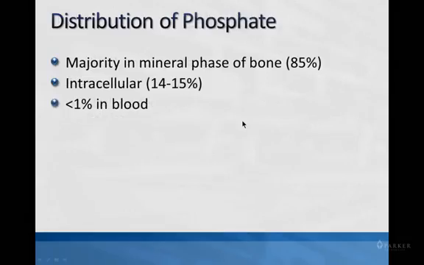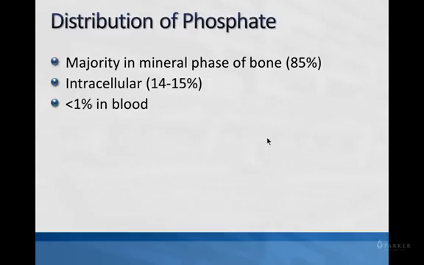Now, phosphate, just like calcium, is found mostly within bone. You don't have to worry about memorizing these percentages, but it follows the same pattern as calcium. Most of it is found in the bone, the next greatest amount is intracellular, and the smallest amount is within blood. Just think about some of the functions of phosphate. It's a component of ATP.